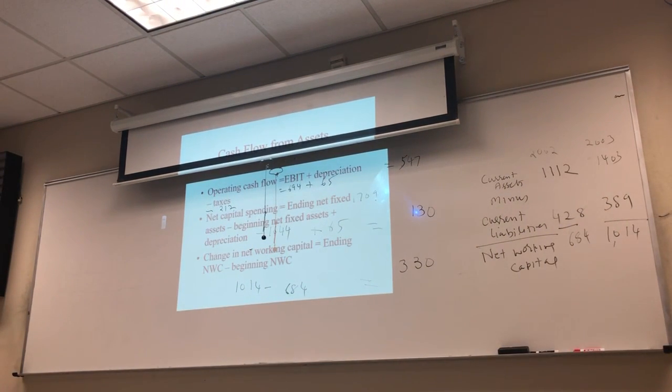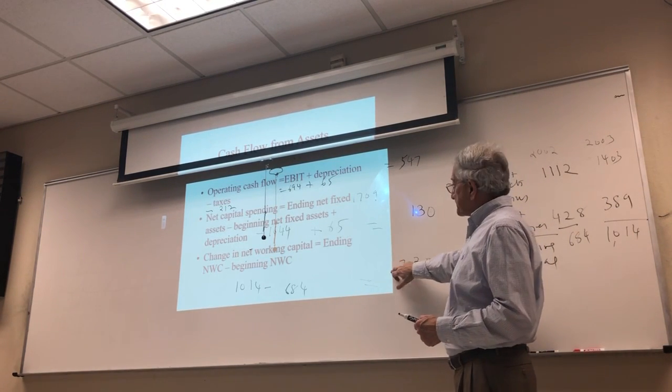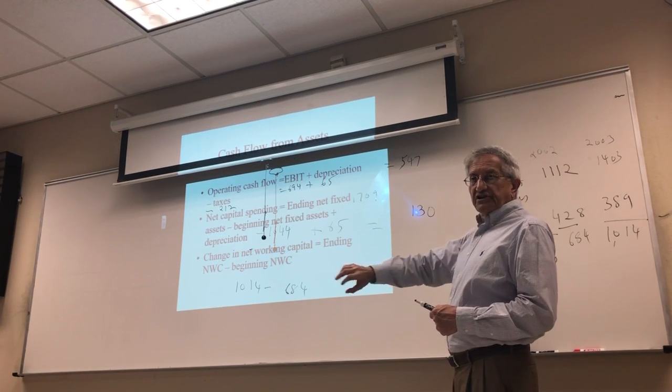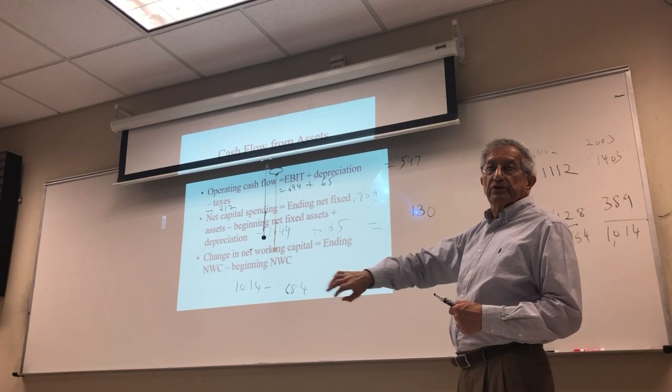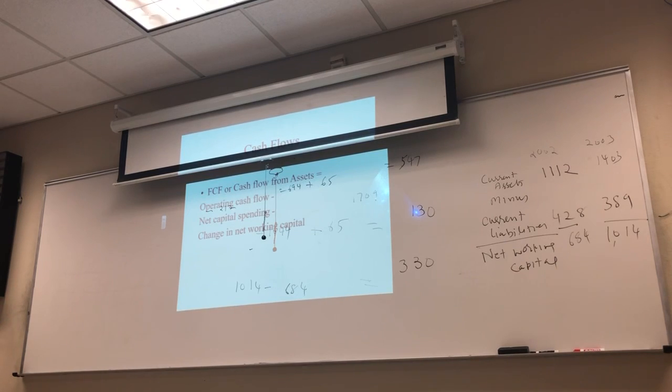And is that plus or minus? Oh, this will be minus. If you like, you can put a negative sign here, because these are cash outflows, cash going out. But what we'll do is use the previous one to answer this question.